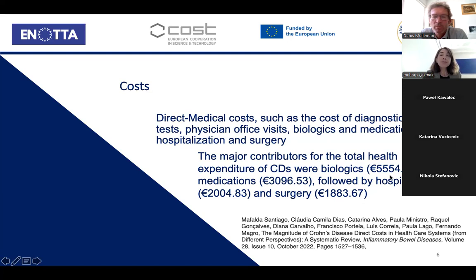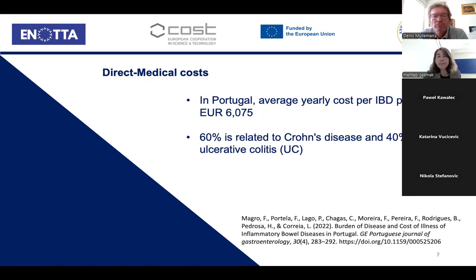It's 5,000 euro, and medications nearly 3,000 euro, followed by hospitalization 2,000 euro, and surgery, it's less than hospitalization, but very near to 2,000 euro. And we are going with the direct medical costs. In Portugal, the annual average cost per IBD patient is 6,000 euro. 60% is related to Crohn's disease and 40% to ulcerative colitis.